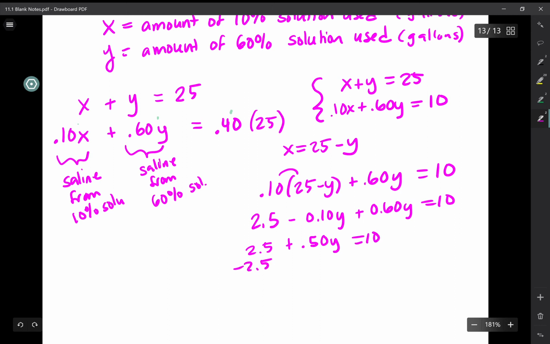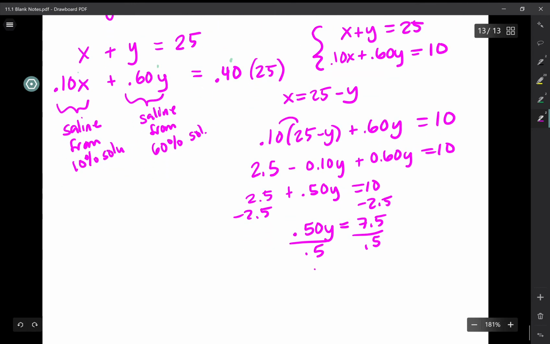Subtract 2.5 from each side. 0.50Y equals 7.5. Divide that by a half, sorry, I said that sloppy. And I get 15.